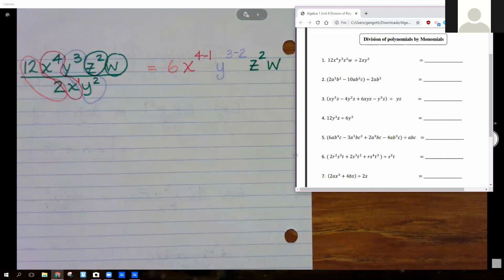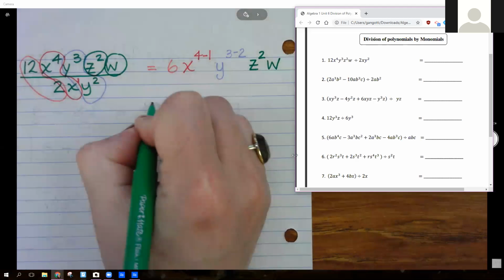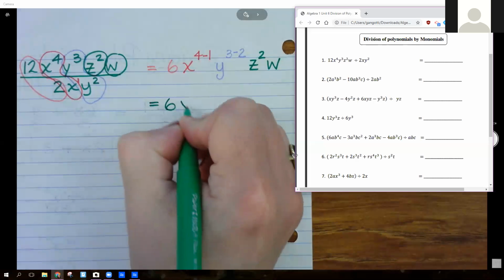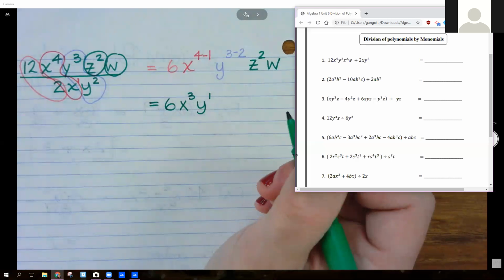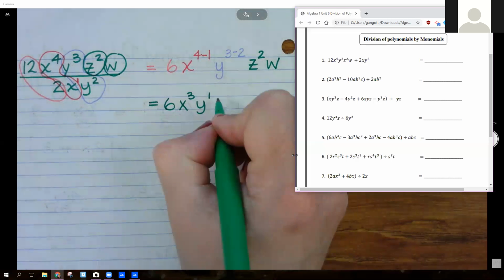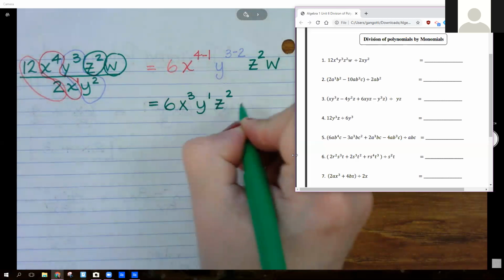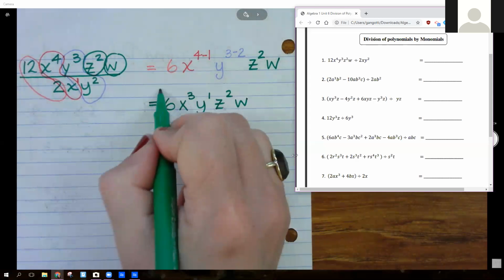So you just put them on the tail end of your answer. So let's simplify this. This will be 6x to the 3rd, y to the 1st, or if you just want to put a y, plain old y, that's good too, z squared w. And there you go.